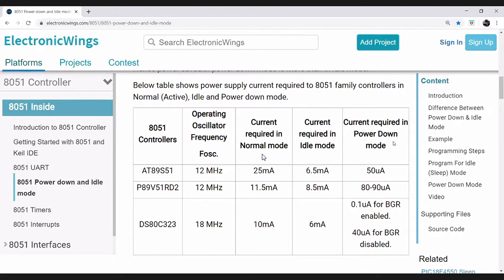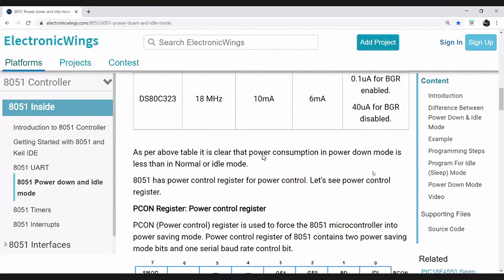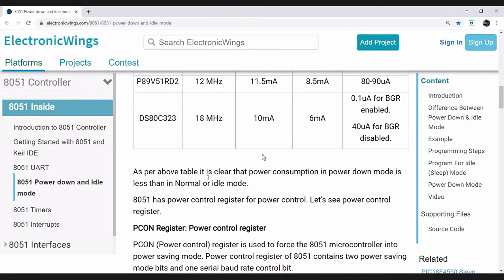So in power down mode, much less current is required, right? As per the above table, it is clear that power consumption in power down mode is less than in normal or idle mode.